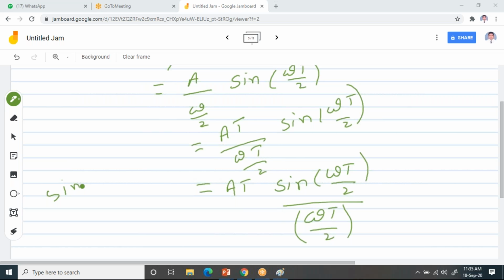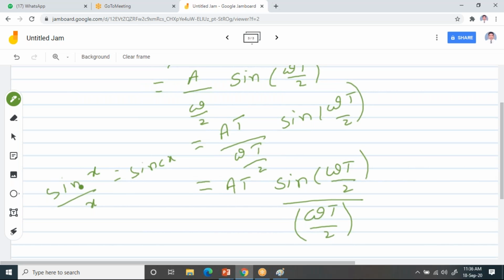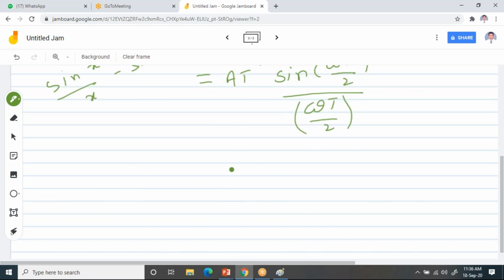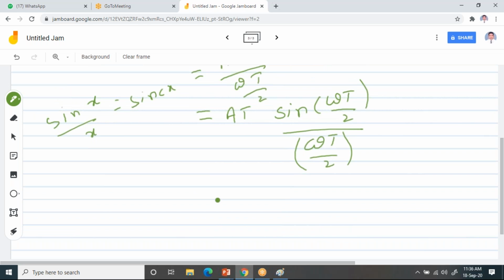Now I have a function which I can write as sin x by x, which you can call as sinc x. So this I can write as sine omega t by 2 divided by omega t by 2. That I can write as sinc omega t. Or you can say it like this.